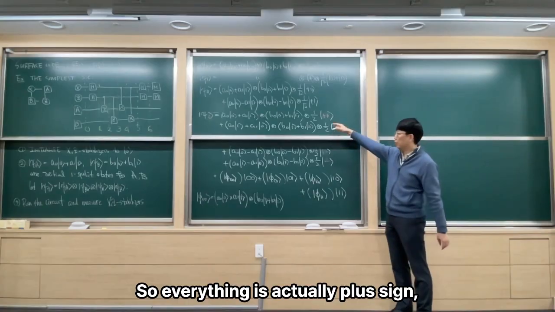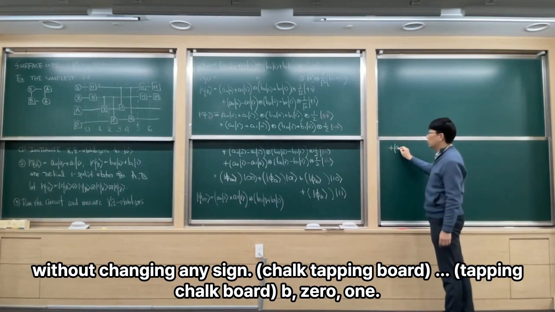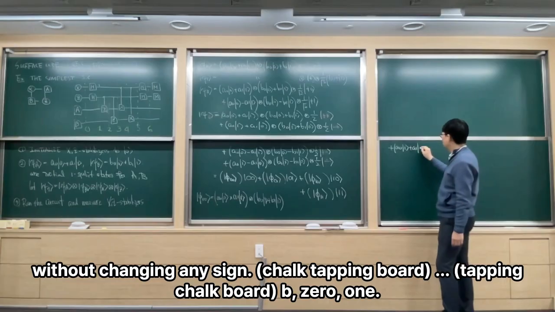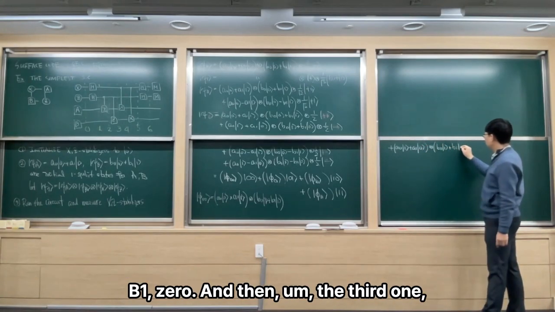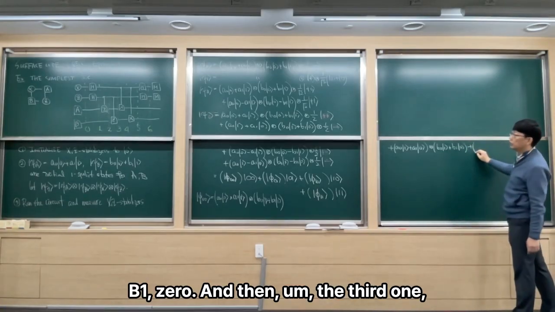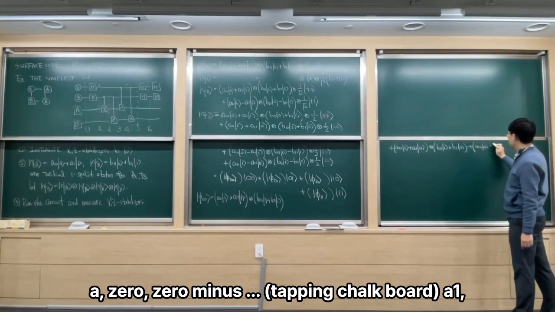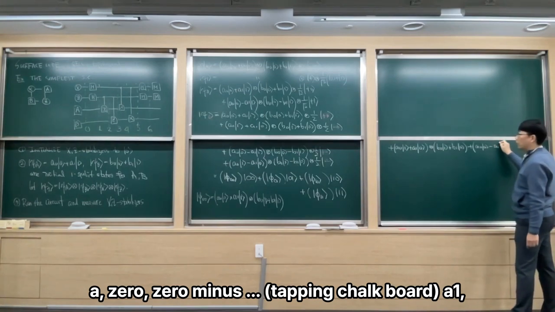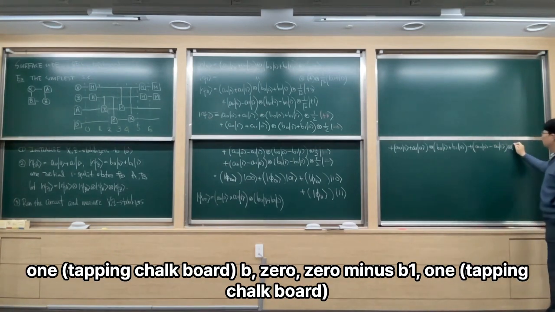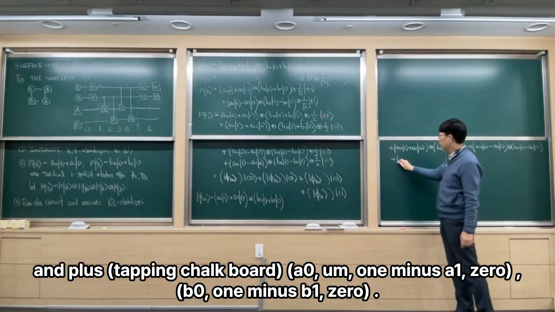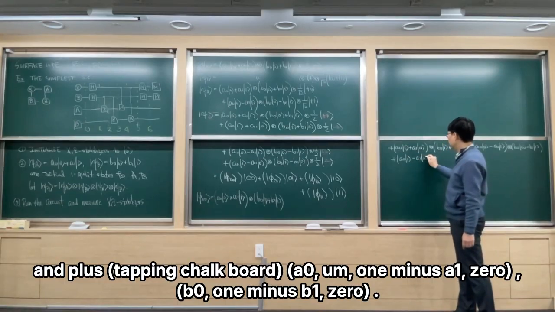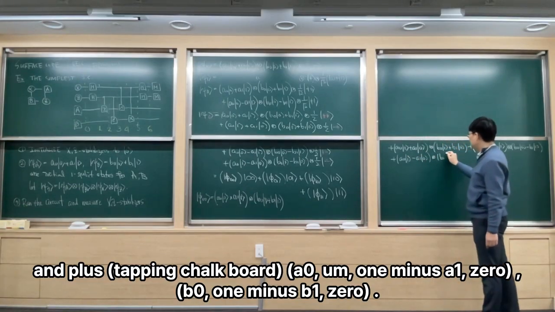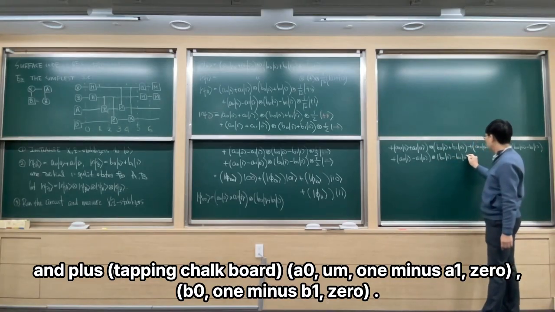So everything is actually a plus sign, so you just collect everything here without changing any sign: B0, 1, B1, 0, and then the third one, A0, 0 minus A1, 1, B0, 0 minus B1, 1, and plus A0, 1 minus A1, 0, B0, 1 minus B1, 0.